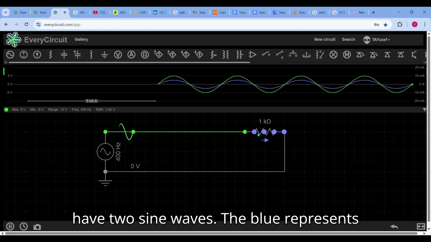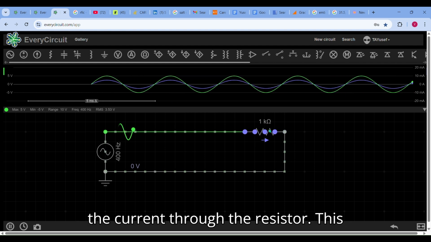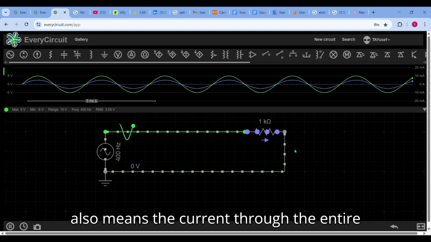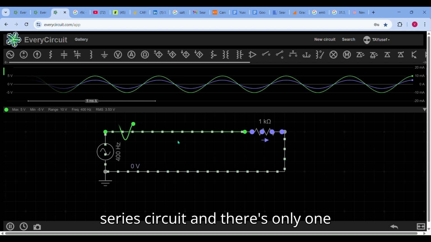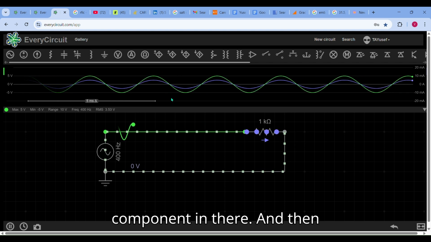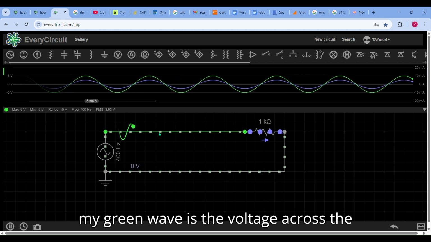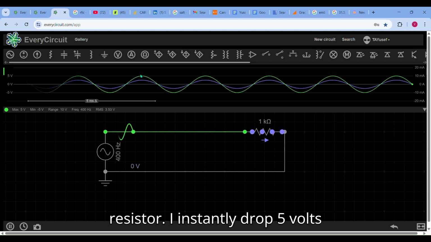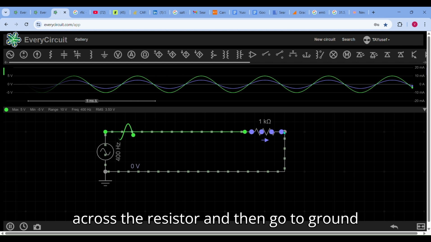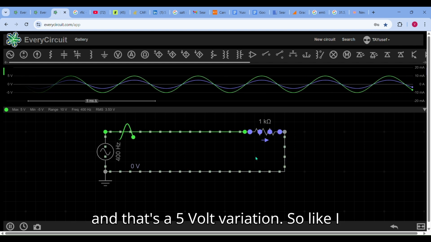The blue represents the current through the resistor. This also means the current through the entire circuit, because it's one series circuit and there's only one component in there. And then my green wave is the voltage across the resistor. I instantly drop 5 volts across the resistor and then go to ground, and that's a 5 volt variation.